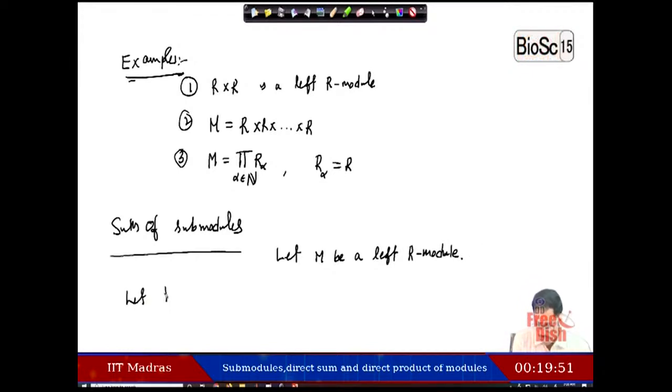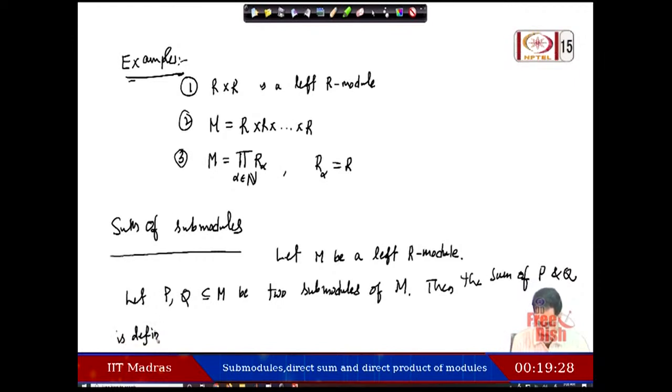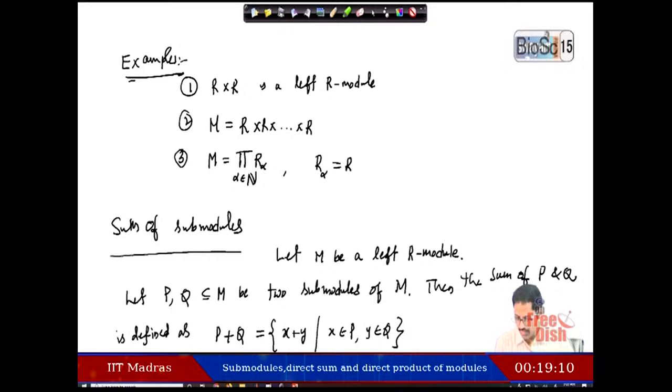Let P and Q contained in M be two submodules of M. Then the sum of P and Q is defined as P plus Q, the set of all x plus y such that x belongs to P and y belongs to Q. So, let us look at all the sums x plus y, x belongs to P and y belongs to Q. P plus Q is defined like this.